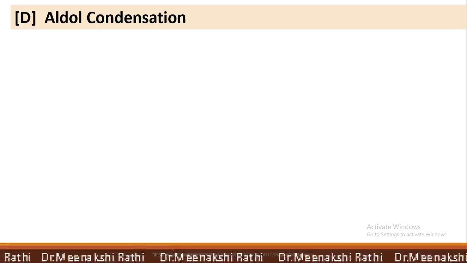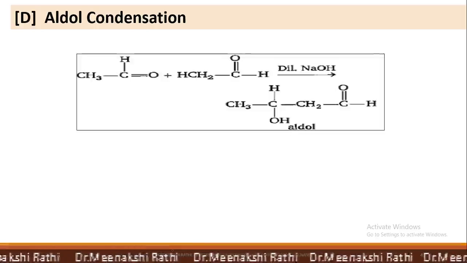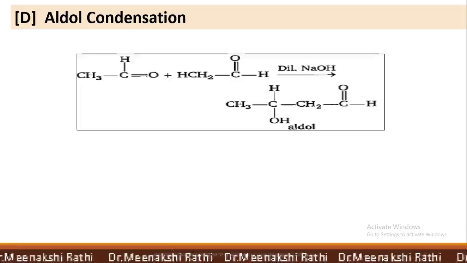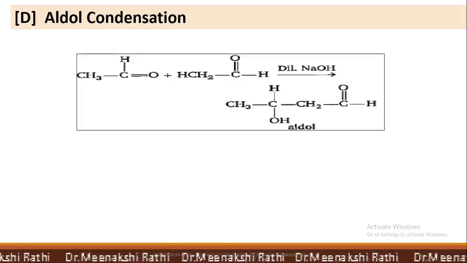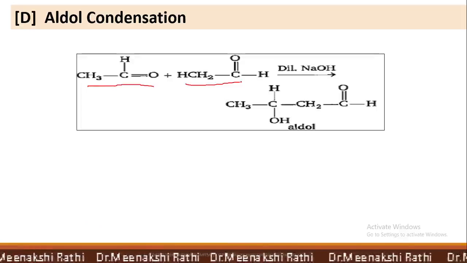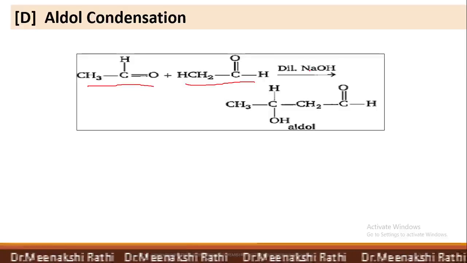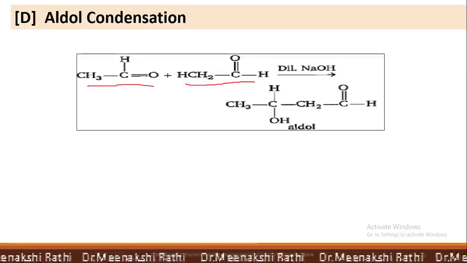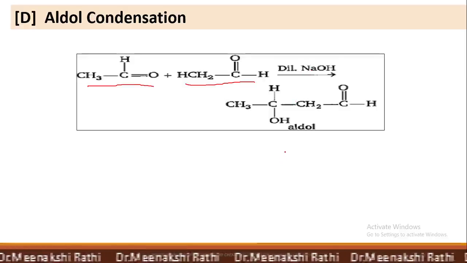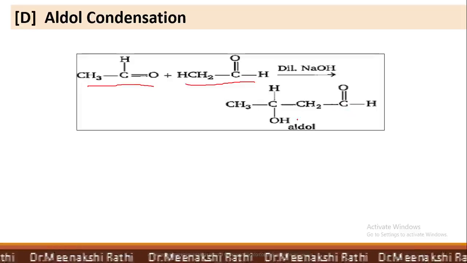Now, how does the reaction take place? In aldol condensation, 2 molecules of acetaldehyde, you can see here, 2 molecules of acetaldehyde, when reacted with dilute alkali like dilute NaOH, undergo aldol condensation and give beta hydroxy.